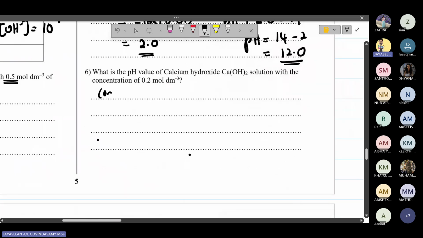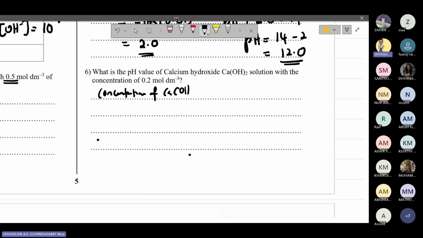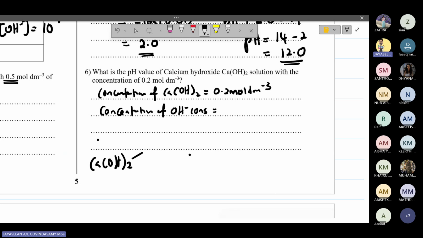Okay, so you take the concentration of Ca(OH)2, which is 0.2 mol dm^-3. We want what? The concentration of hydroxide ion. It's okay. Well done, the student did that. In calcium hydroxide, we have how many hydroxide ions?